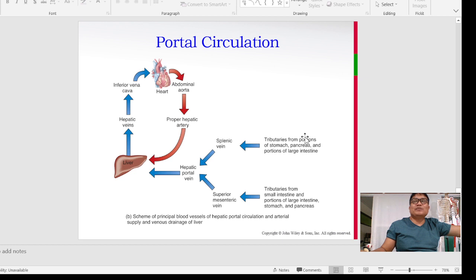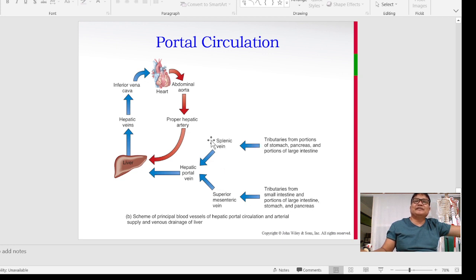Sometimes it contains impurities. Unsa mga impurities? Ang naa siya mga toxic, mga alcohol. So that needs to be detoxified first before na siya adto sa heart para ipump for distribution. So ang liver nimo is detoxifier. So dalhon na siya dito.